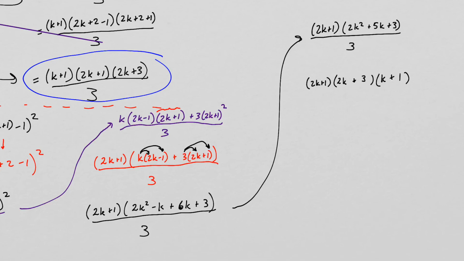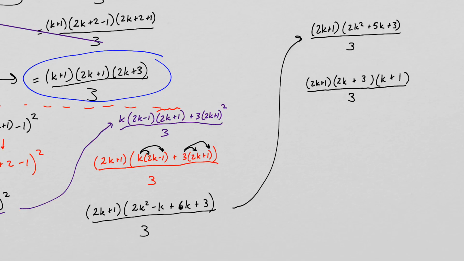Now, there is an algorithm for factoring trinomials where the a term is not equal to 1, but I think this is a guess and check where you can do it. If you check whether these two things multiplied together equal 2k squared plus 5k plus 3, I think you will find that the answer is indeed yes.